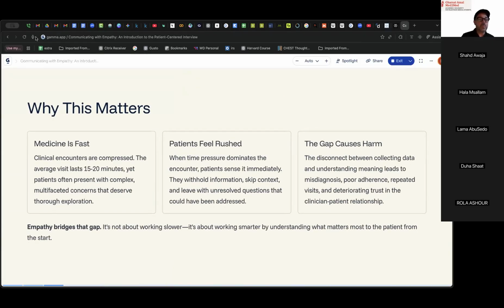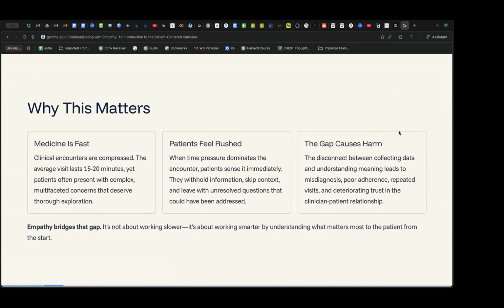First of all, before I discuss anything else, why is it important? I gave you an example that medicine is fast, and sometimes you see patients, and then your attending calls you for another patient who just came in, and the nurse downstairs calls you for another patient who's having shortness of breath, and you run from one to the other. You feel that you are rushed, but imagine how the patient feels if you come in and just ask two questions like you are interrogating them, and then you leave.